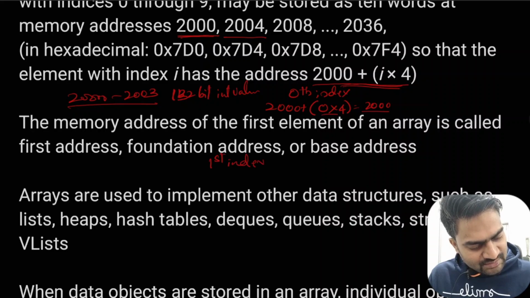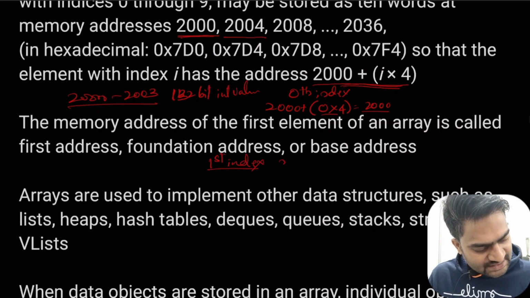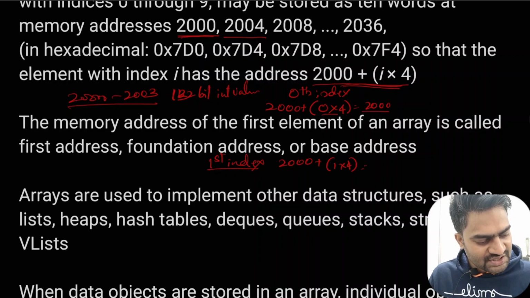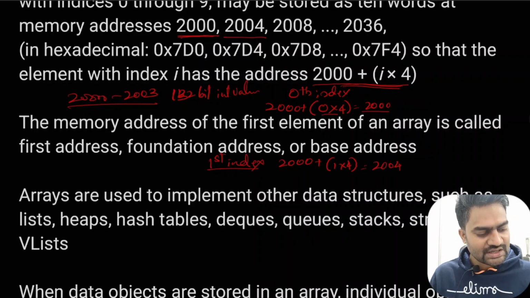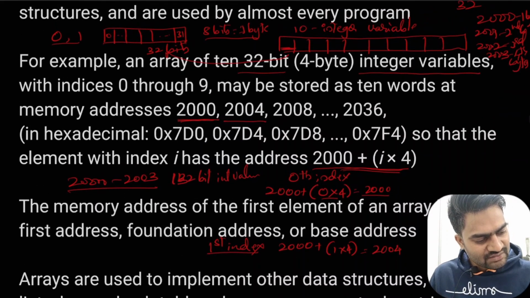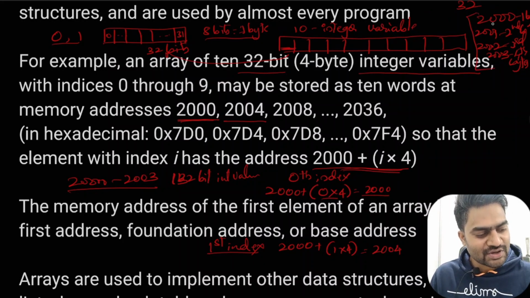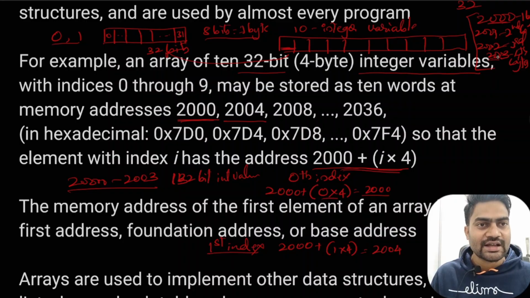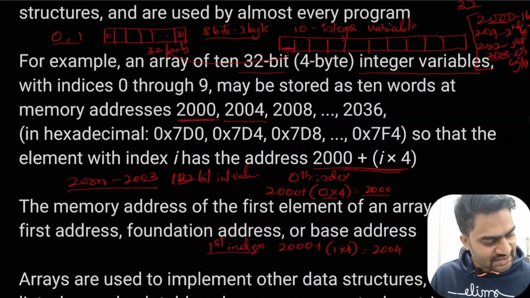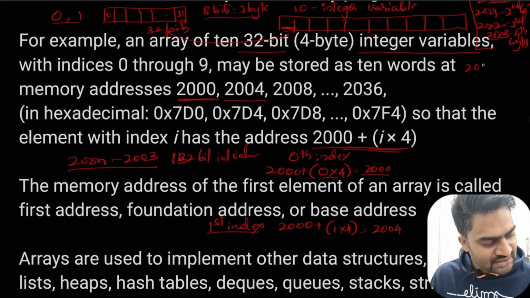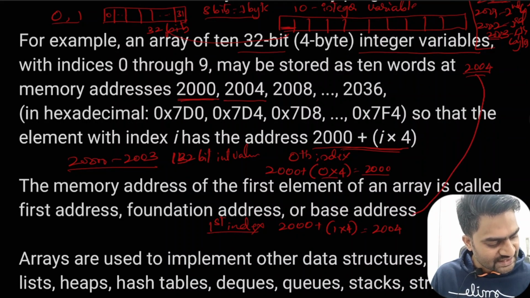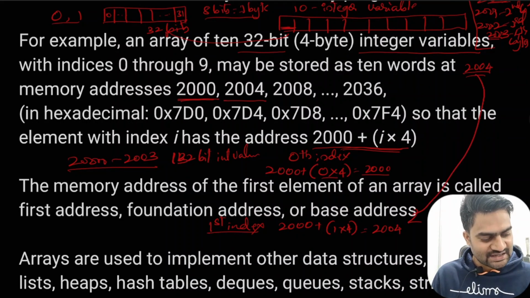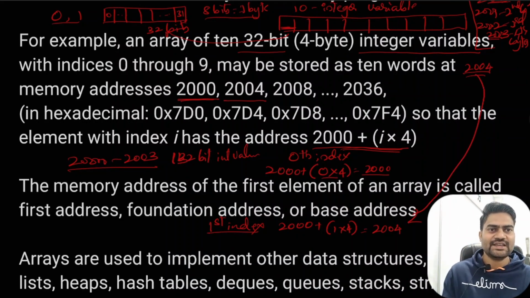In that case, it will be 2000 plus 1 times 4, which will be 2004. So we saw here that our first integer value is stored from 2000 to 2003. The next value will start from 2004, which we can see here. That is where it gets started. So this is how internally each integer value gets stored.